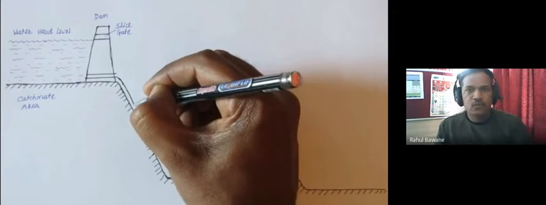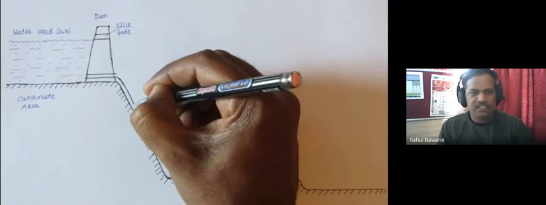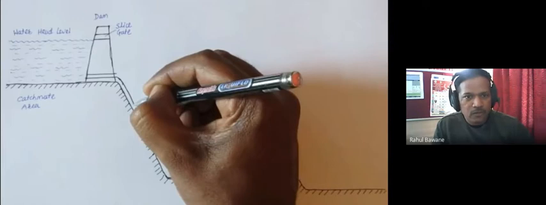If it is a coal power plant, we have to purchase coal. But this is a hydroelectric power plant. We get hydraulic, that is water, free of cost. That is the advantage. But at the same time, it has a disadvantage also. It is weather dependent. If in any rainy season there is less rain, there is less water storage. So it is weather dependent. That is also a drawback of this.